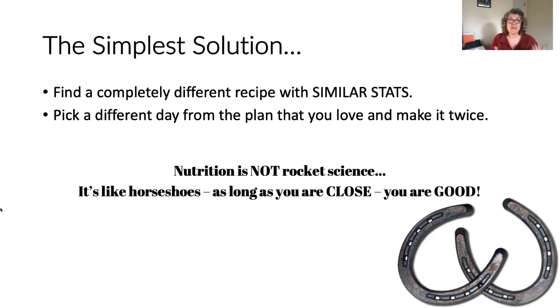So we have a 3% wiggle room in our macros before things kind of get wonky. We have 50 or more calories wiggle room before anything is really truly off. So if you're over by 20 calories or 40 calories or even 50 calories, guys, that is so minute and so minor in the big picture that it's not going to impact your weight loss in the slightest.